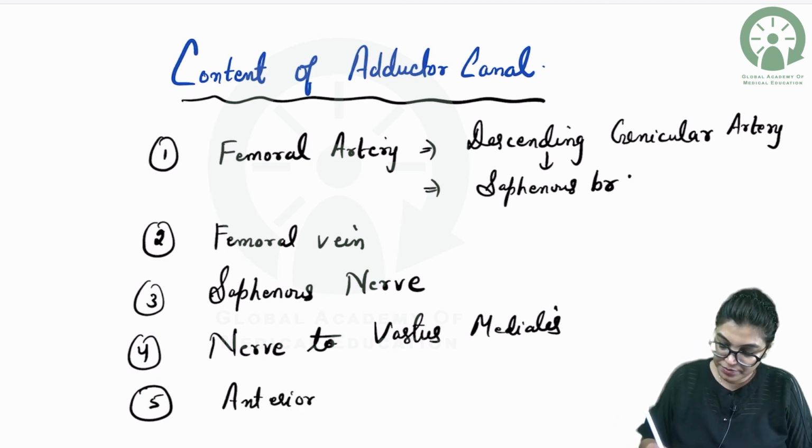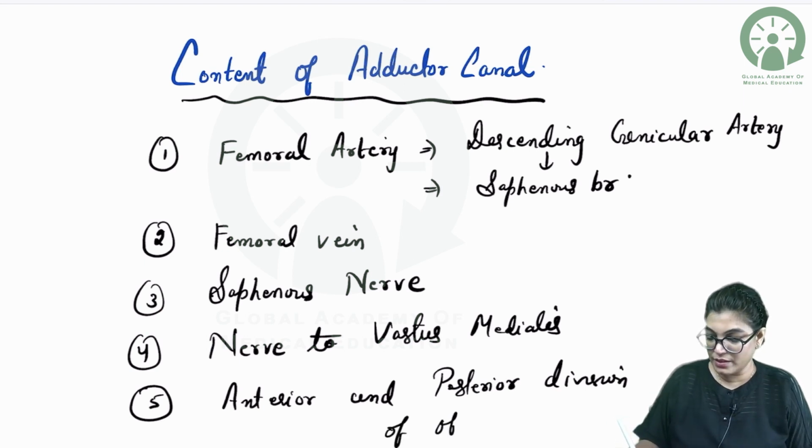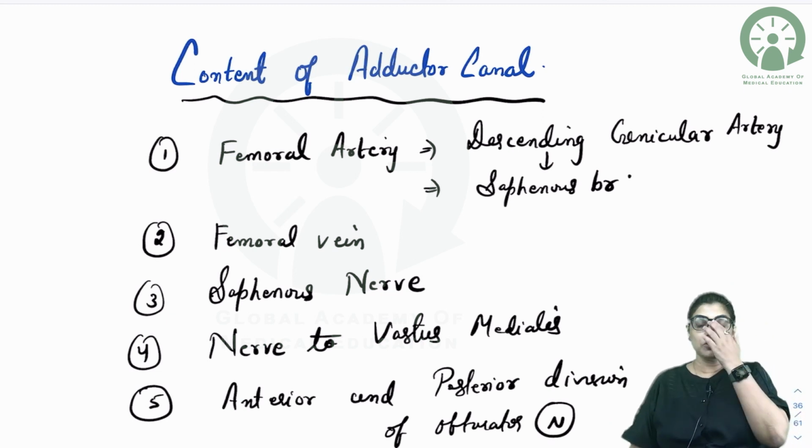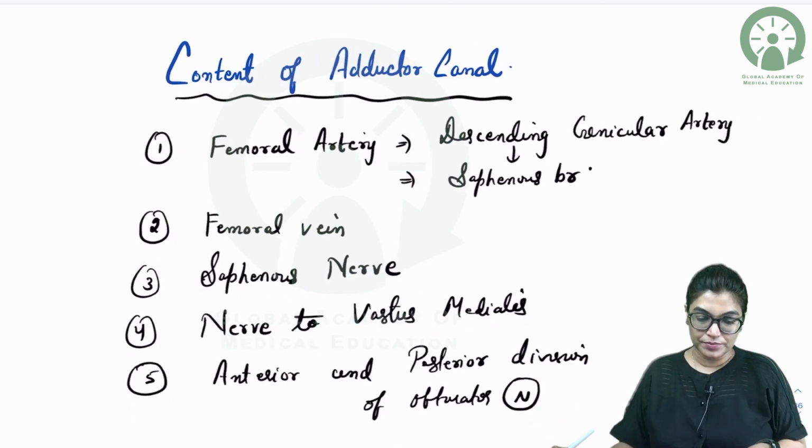Anterior and posterior division of obturator nerve. These are all the contents of adductor canal.